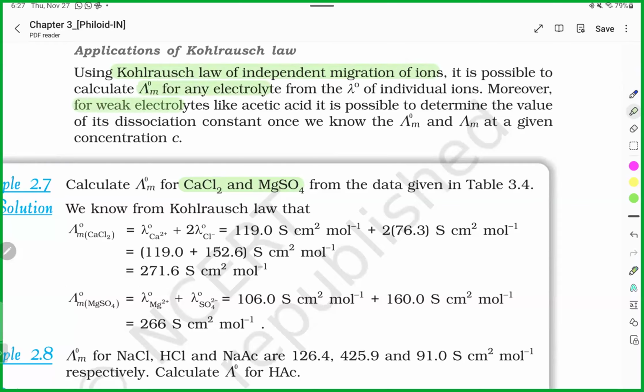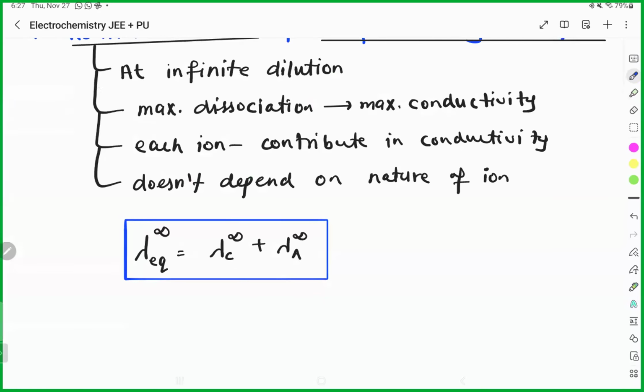Moreover, for a weak electrolyte like acetic acid, it is possible to determine its dissociation constant once we know this and this at a given concentration. So it is applicable for both. Understood?